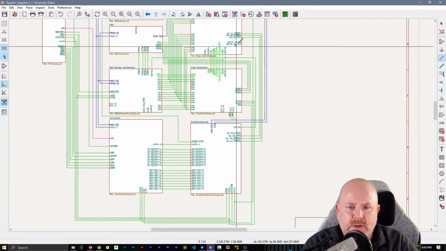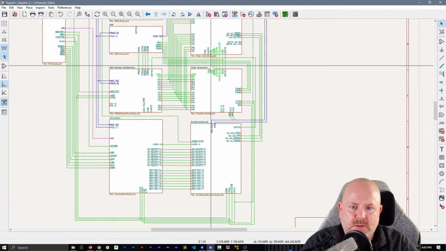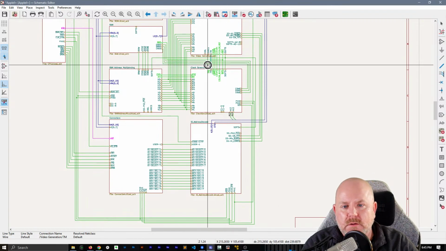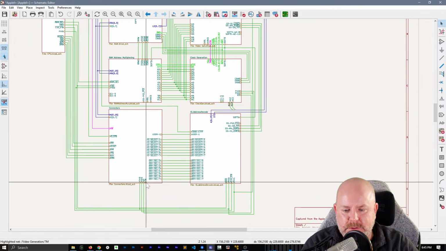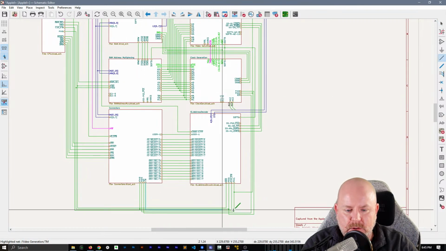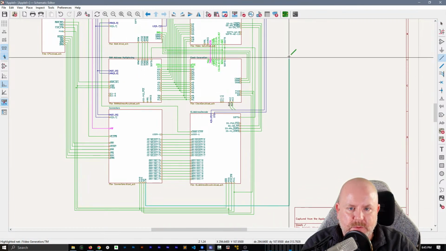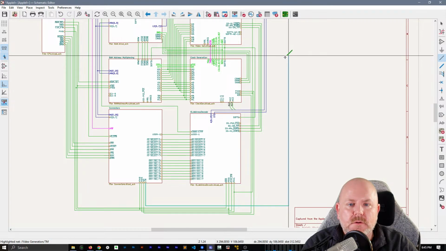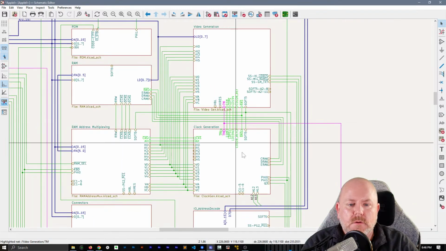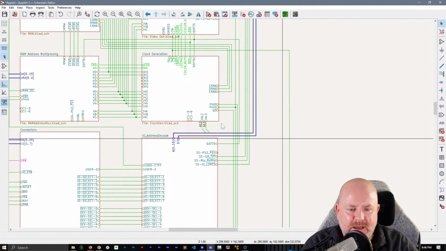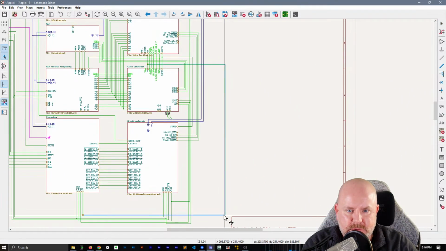All right, so where is the 7 meg clock? That is the only place it's at. Well, that's stupid. Well, then I'm going to do this. I hate that, but what else can we do?